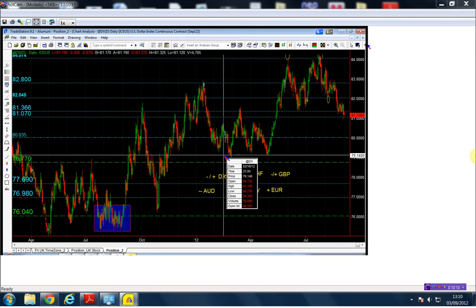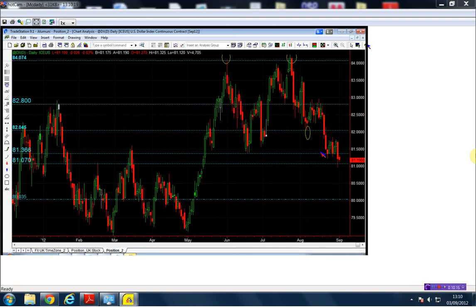That's the 81.10 anyway. So we broke through the 81.22, which is this point here, and this again is important because it is a short-term structural point.